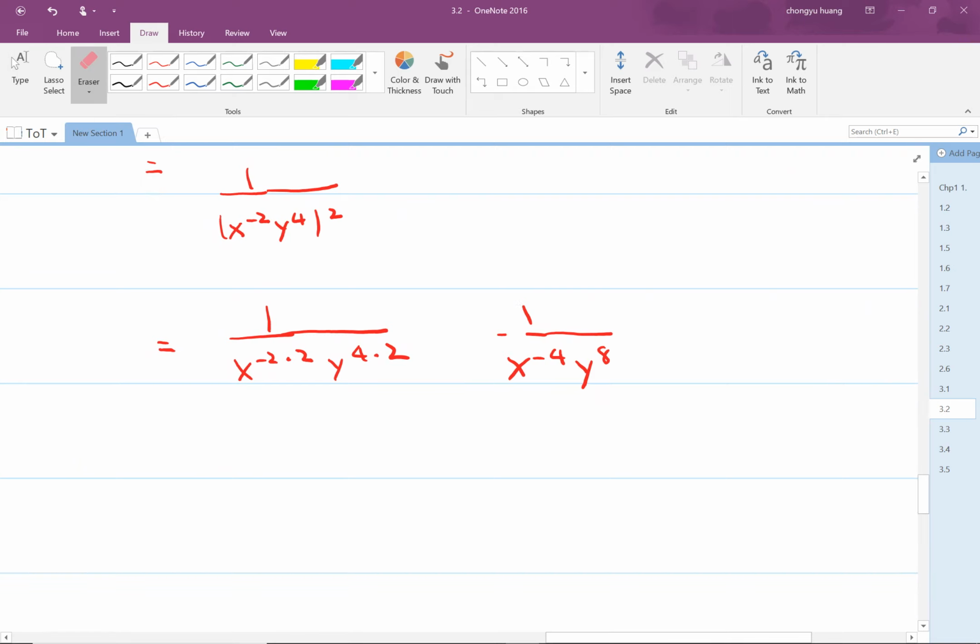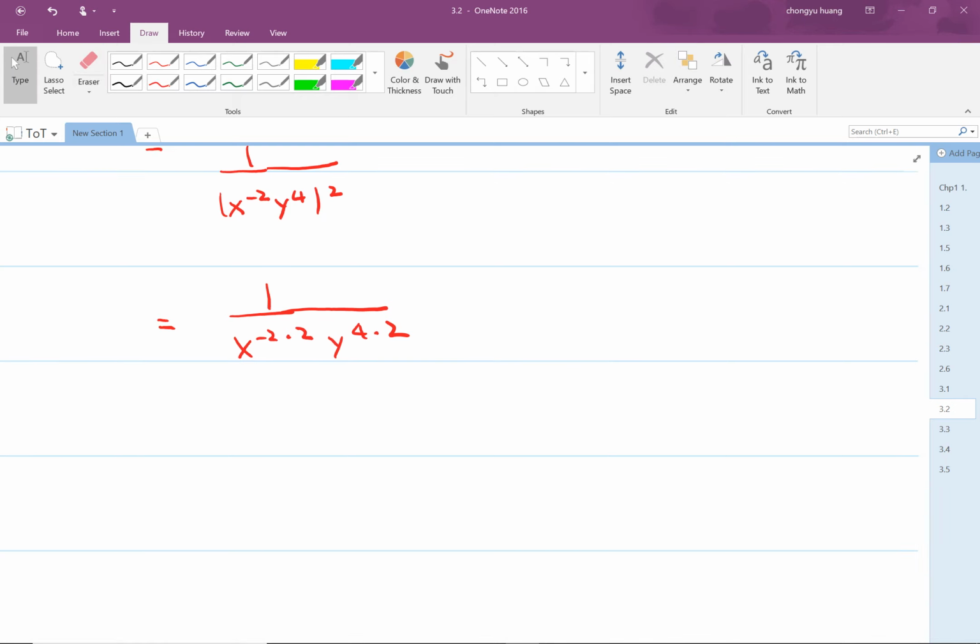I have to write it down further, so let me show you all the steps. So 1 over x to the negative 4, and then y to the power 8, right? So it just basically becomes y to the power 8 over x to the power 4, right?